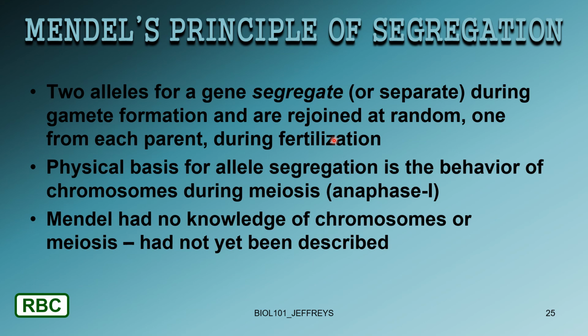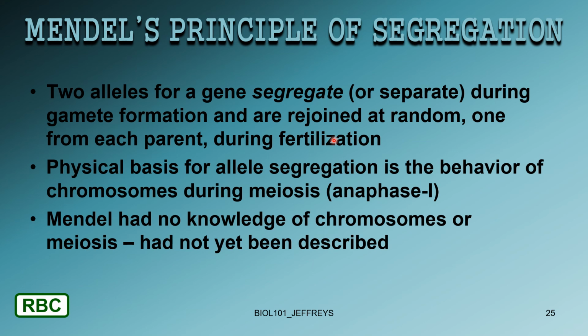That's where you get all of the diversity that we saw in the first picture I showed you in the last chapter, but also in this one at the very start, with all the children, or the different color corn seeds on the same cob. That's where you get all that variation, because the genes segregate during formation and then get rejoined at random during fertilization.